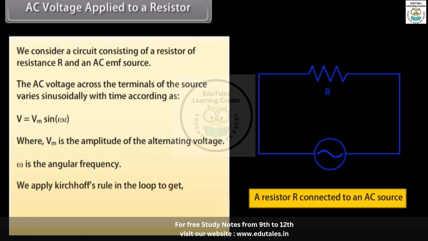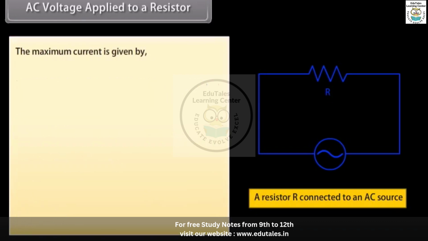We apply Kirchhoff's rule in the loop to get I = (Vm/R) sin ωt. The maximum current is Vm/R.